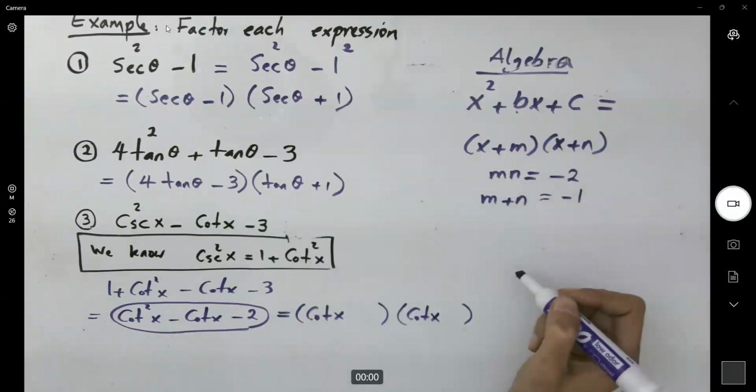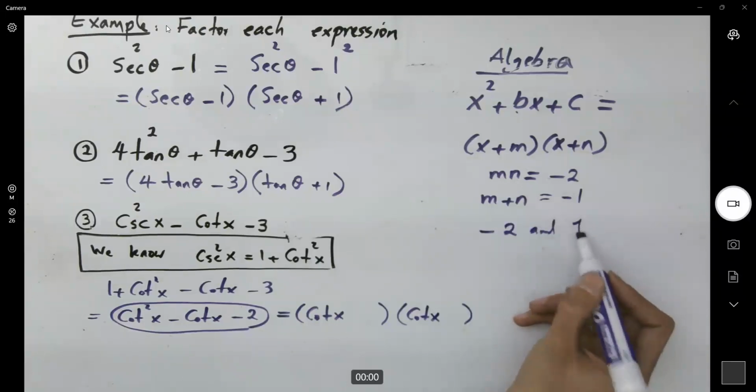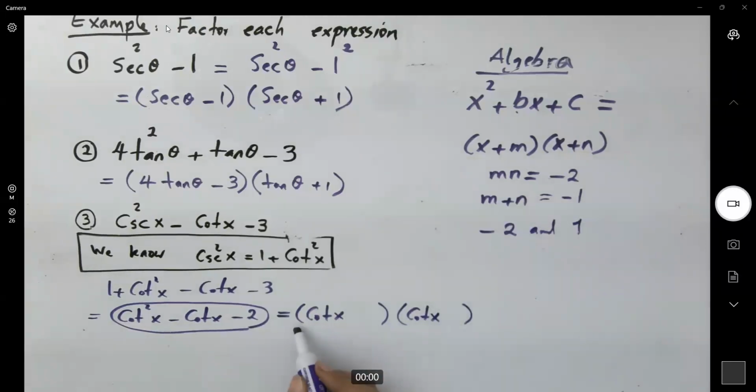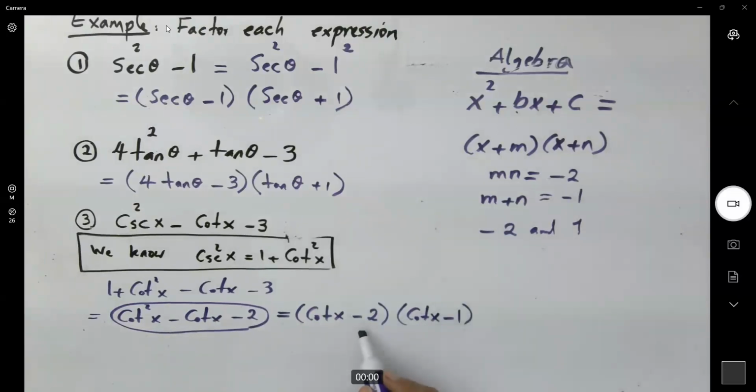What are those two numbers? -2 and 1. So you get cotangent of x -2, cotangent of x +1. Is that correct? Am I correct, class? Very good. Awesome. So we wrote this expression in factored form.